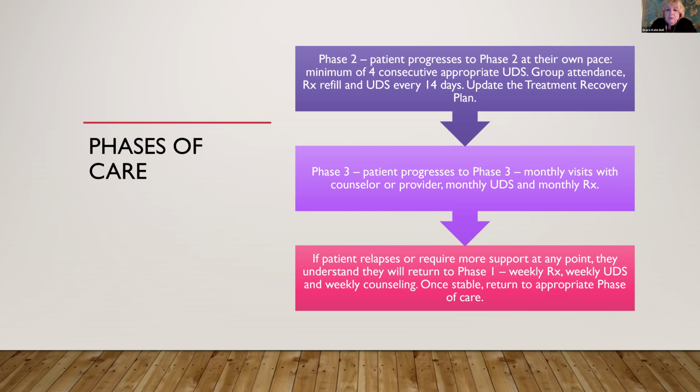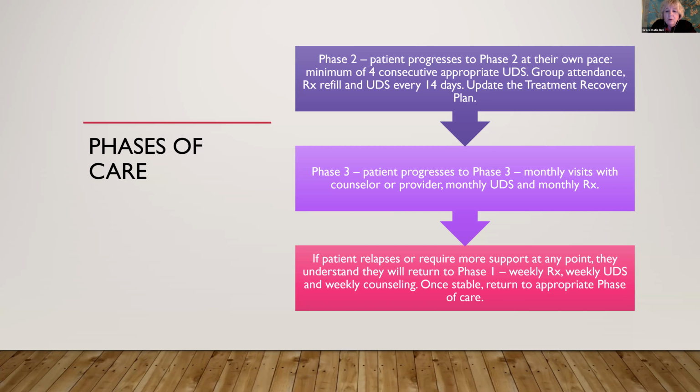With every change, we update the recovery plan, and at the beginning, our patients fully understand that if they struggle, have a relapse, require more support, we will bring them back to the level of care that we think will be most appropriate for restabilizing them. So we don't make a big deal about, now you've graduated to phase 3, because we understand the nature of addiction, that we're dealing with frequent relapse.